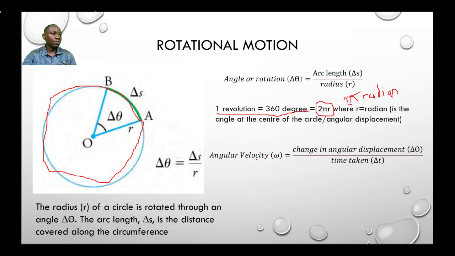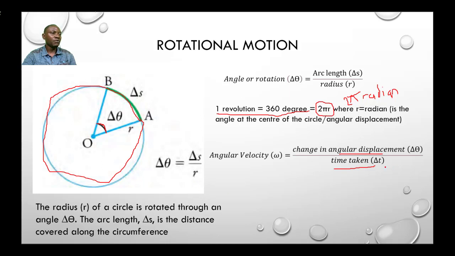Now, in angular terms, velocity will be angular displacement over time. Can you see the similarities now? Angular displacement over time. That is the angular velocity. And that angular displacement is the angle it moves from point A to point B.